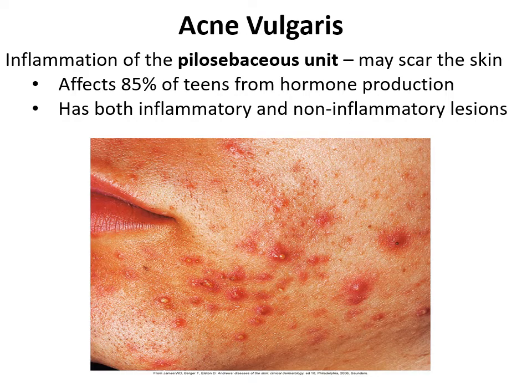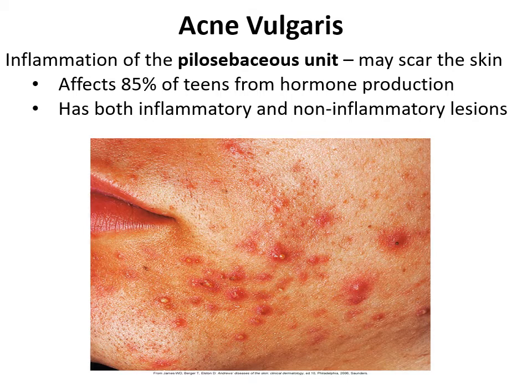Okay, and they're found in all regions of the skin except for the palm and the sole of the foot. Now, in particular, they're most dense on the scalp, the face, the neck, and the shoulders.